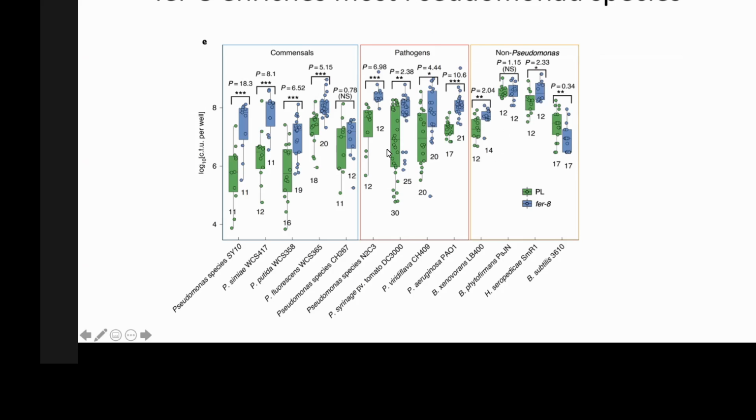Although I think they mentioned in the paper that the levels were either twofold or less, so not as much increase as it was for the Pseudomonas species. And then certainly for the Bacillus subtilis, you see here in this case a decrease. Right, so from these data, they're concluding that by and large, FER8 is enriching for most Pseudomonas species.